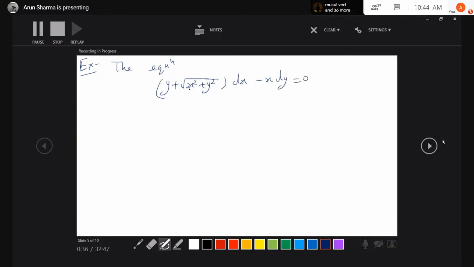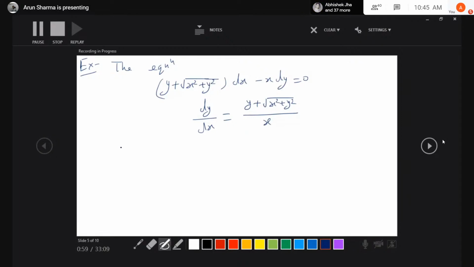So this equation is homogeneous or not? So first convert it into derivative form. So what is the derivative form? Dy upon dx is y plus square root x square plus y square divided by x. This is the derivative.